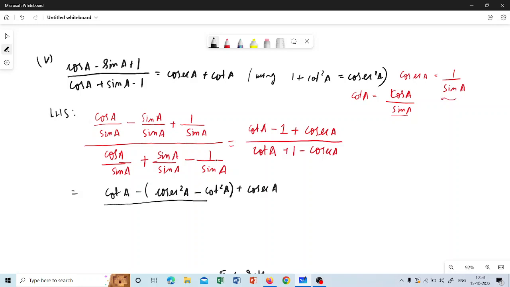Let the numerator be like this. I am not touching the numerator and denominator currently, so let it be like this. The denominator will be the same throughout: 1 minus cosecant of A.